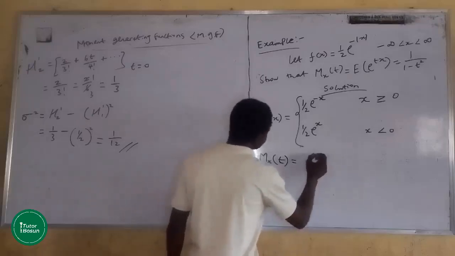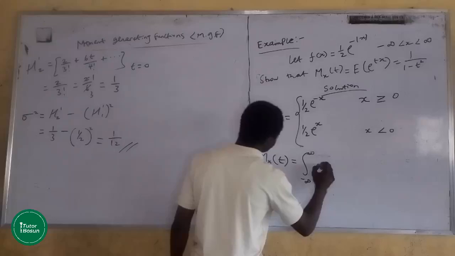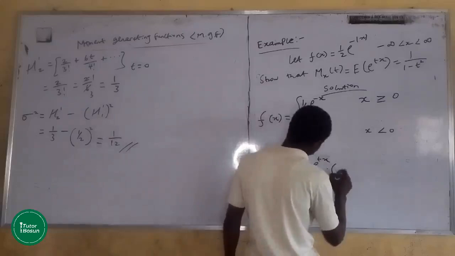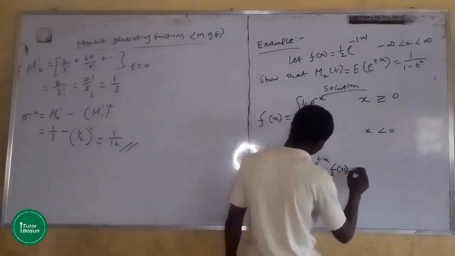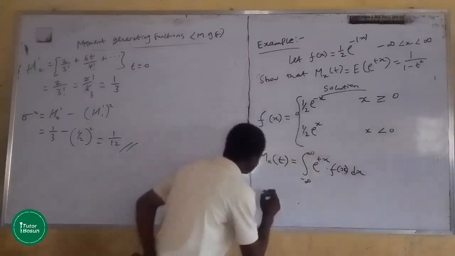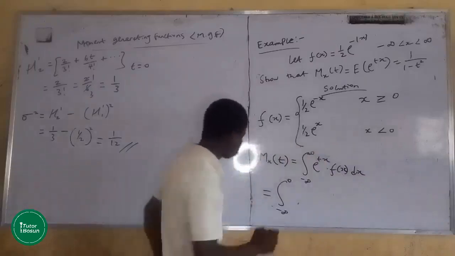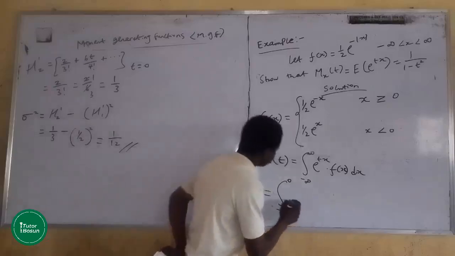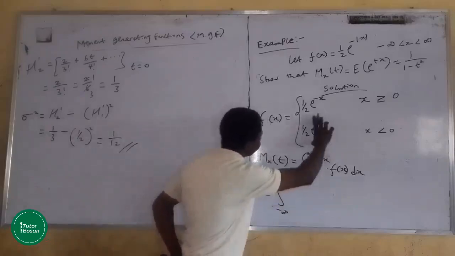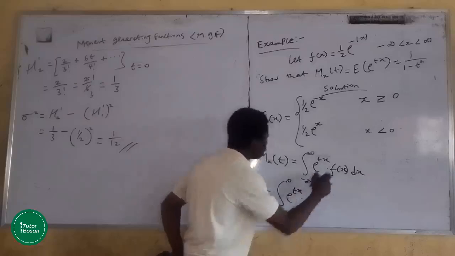That gives us the integral from minus infinity to infinity of exponential tx times f of x dx. So that will give us the integral from minus infinity to 0 of exponential tx times f of x.